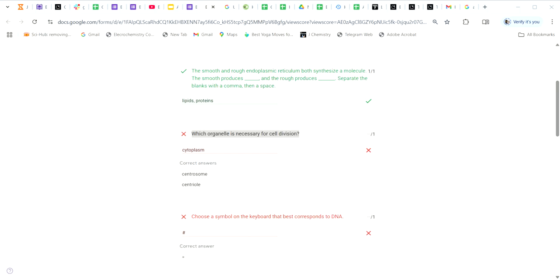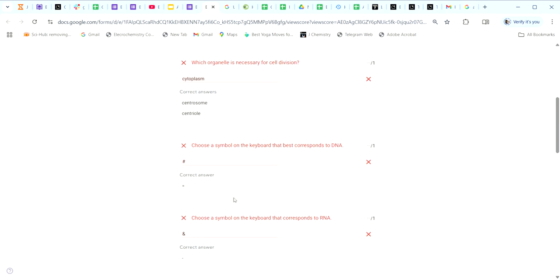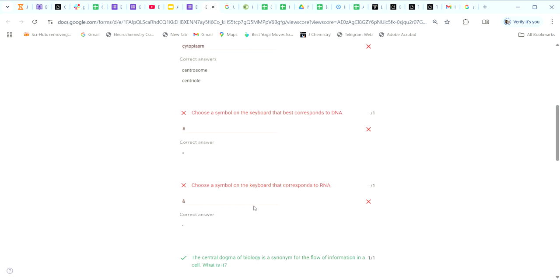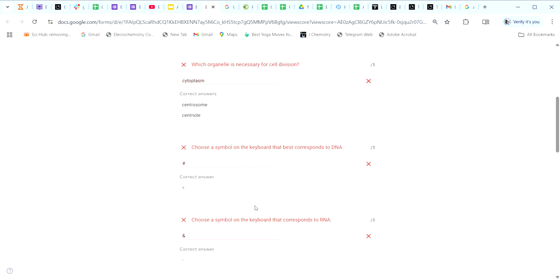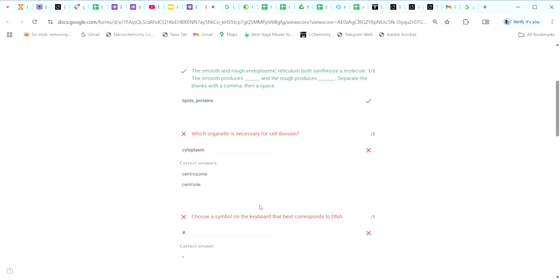Okay, another wrong answer. What is the symbol on the keyboard? What defines equal to in DNA?